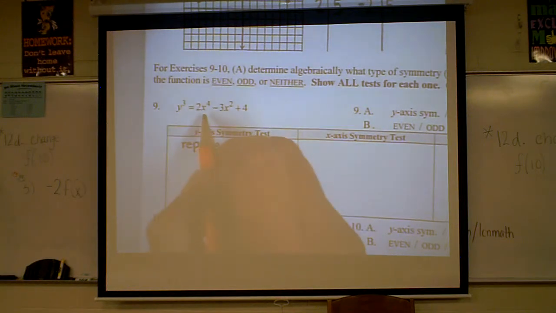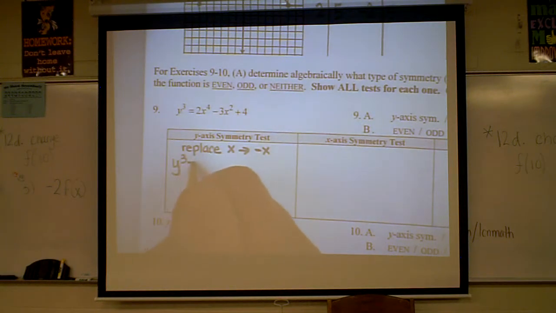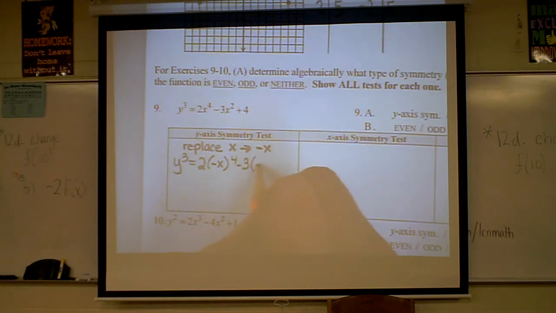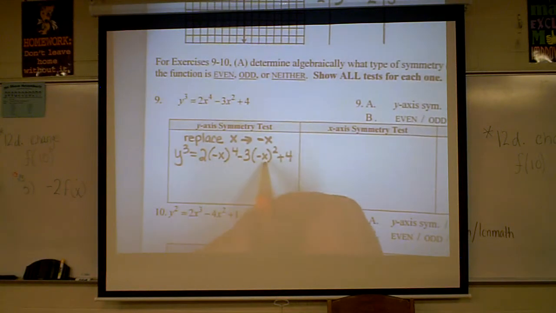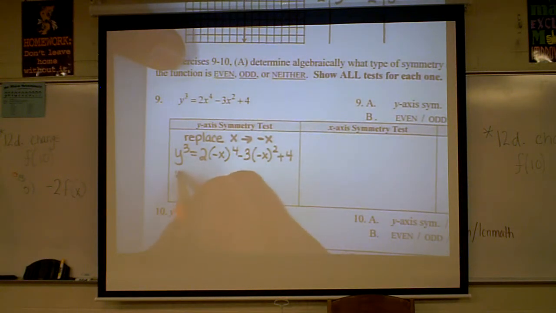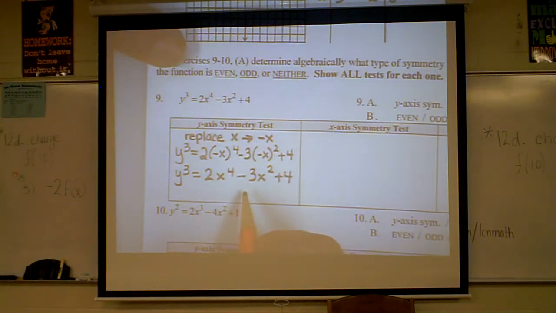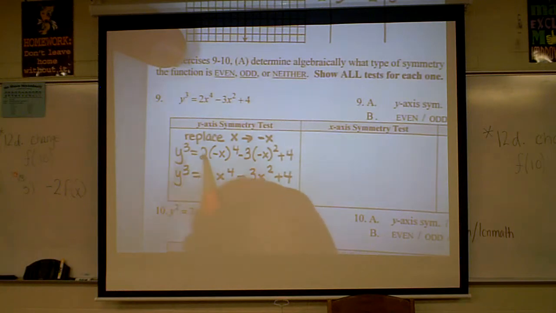So here we go. y cubed equals 2(-x) to the 4th minus 3(-x) squared plus 4. Since these x's are all even powered, they simplify back to the original, because a negative times a negative is a positive. So yes, this has symmetry to the y-axis.